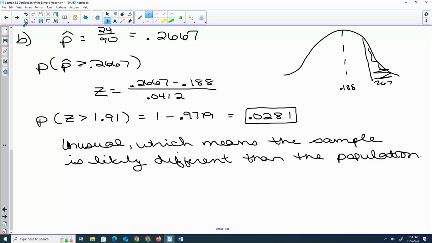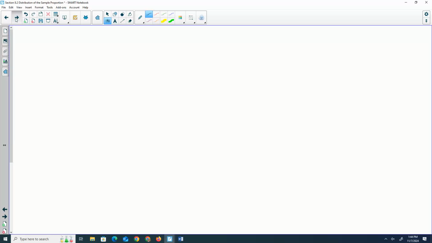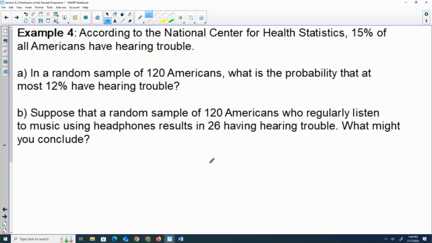Let's do another one. According to the National Center for Health Statistics, 15% of all Americans have hearing trouble. When I see that 15%, what is that telling me?